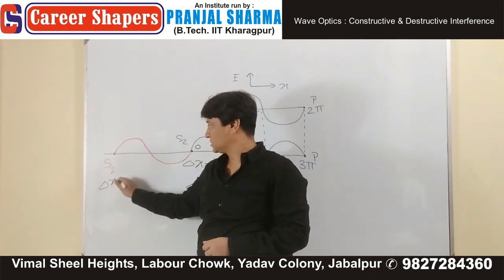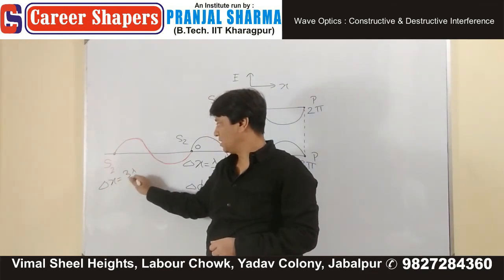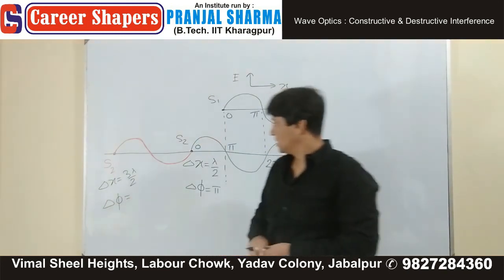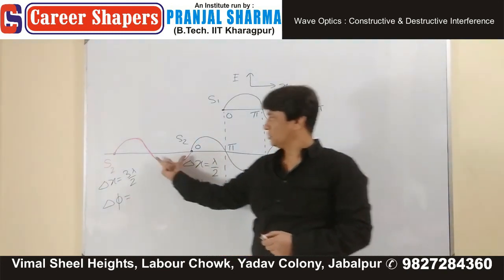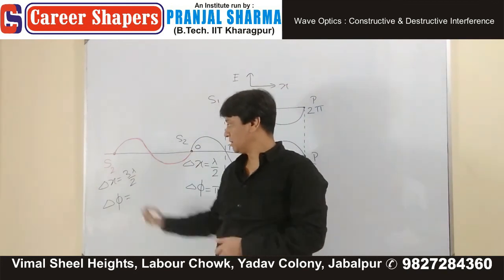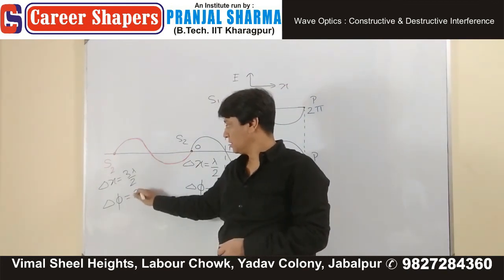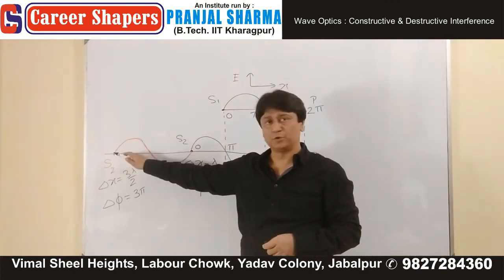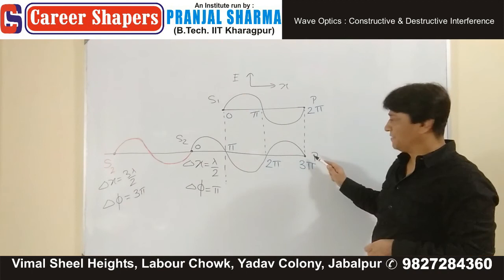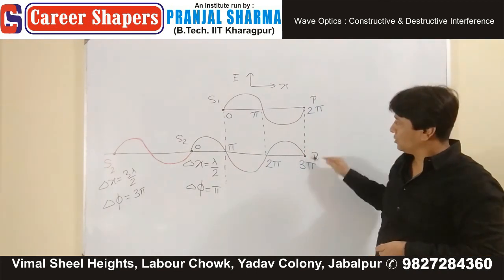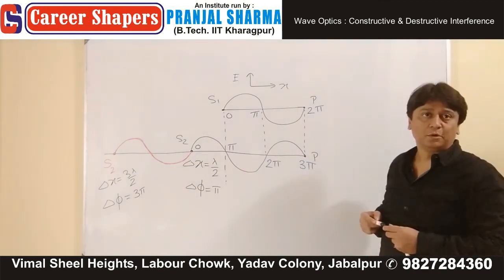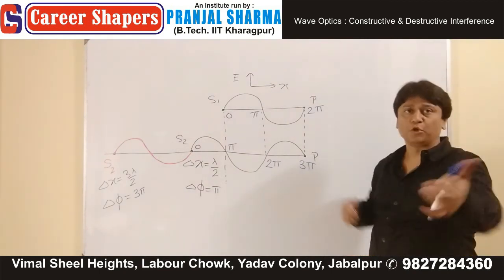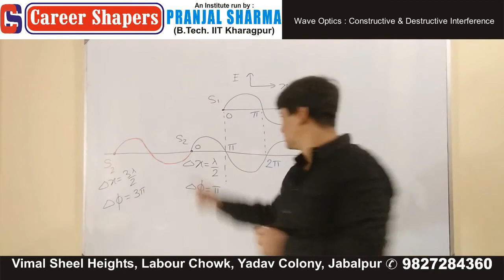Delta x is 3 lambda by 2. Phase wise, pi, 2 pi, 3 pi. You have your S2 at this position or at this position. By the time wave arrives at P, due to S1 and S2, you're getting opposite phases and therefore you'll be subtracting their electric fields.